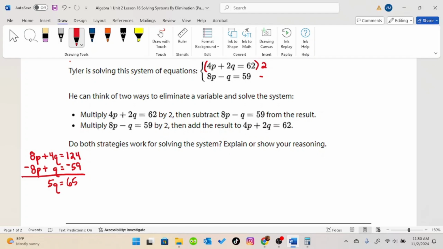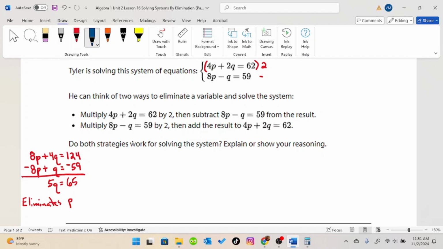This allows us to eliminate the p. So we could solve this problem this way. Now we could solve for q, take that q, substitute it back into the originals, and solve for p.